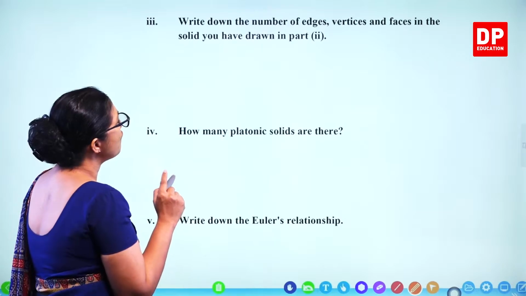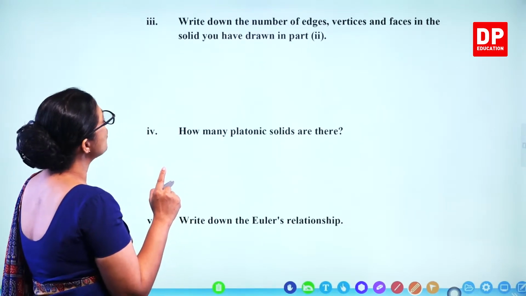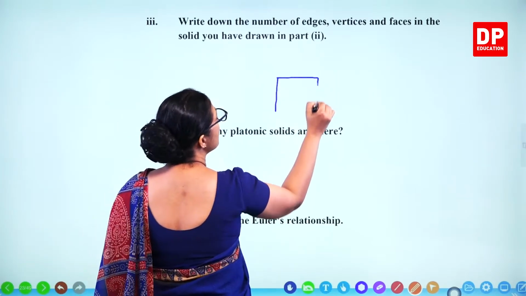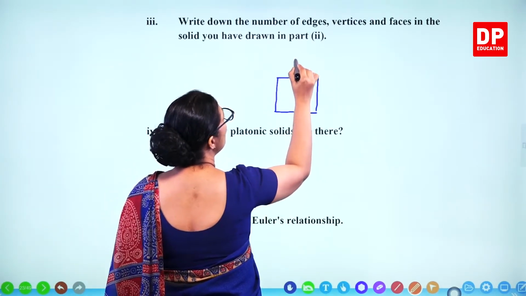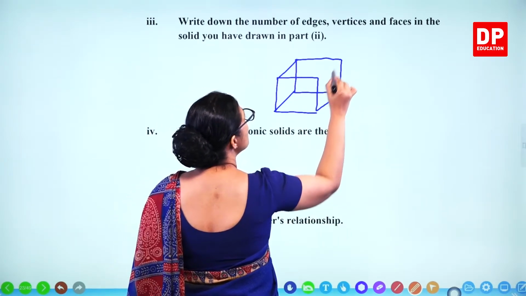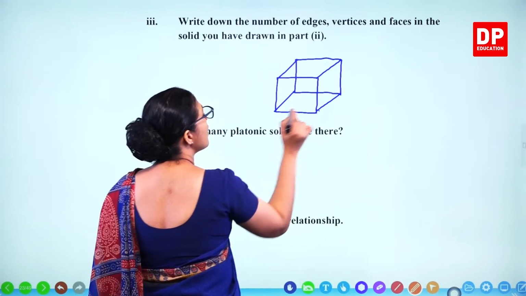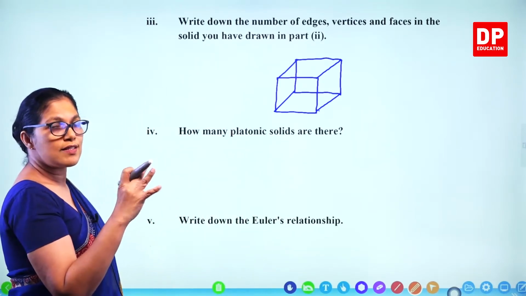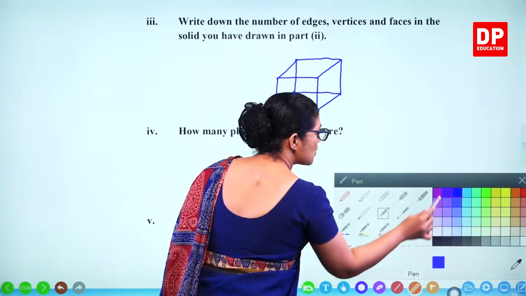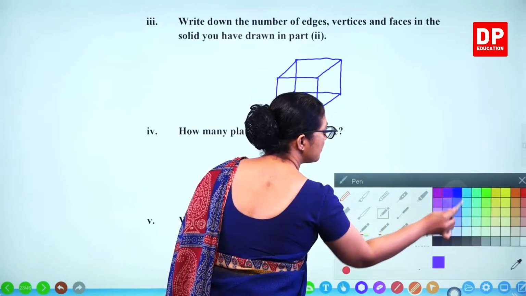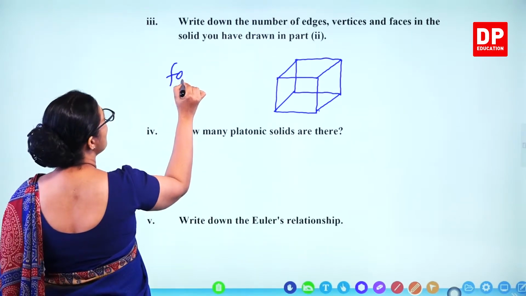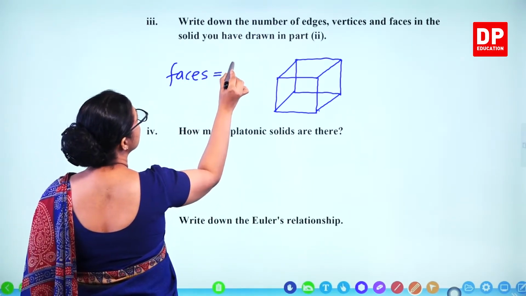Write down the number of edges, vertices and faces in the solid you have drawn in part 2. So we can draw the cube and count how many edges and faces. But don't try to count with the net because it's not folded. Now we know 6 squares are there, so 6 faces. Number of faces 6.